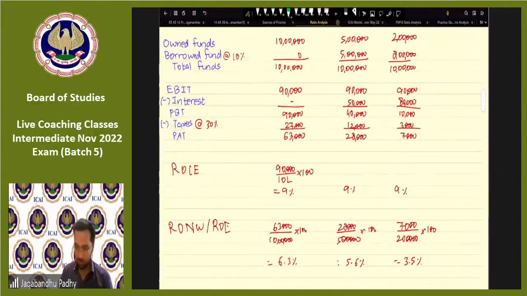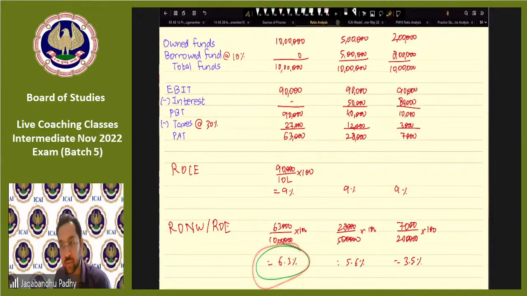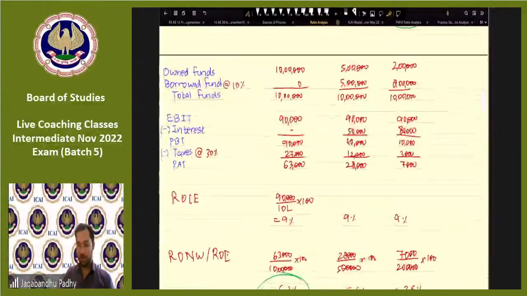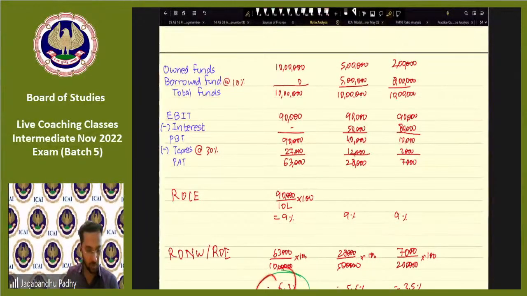And then over here, return on net worth, we say this 6.3% is the best. So earlier was a scenario when we said R is the best one. Over here we say P is the best one.